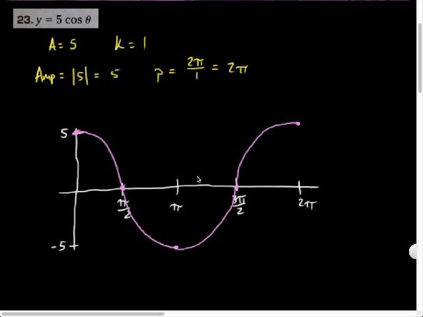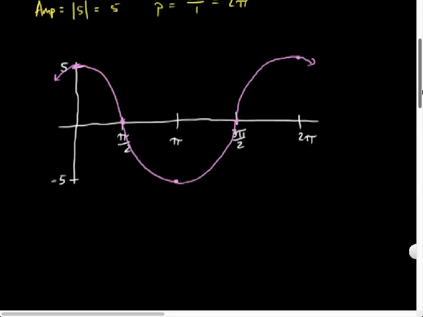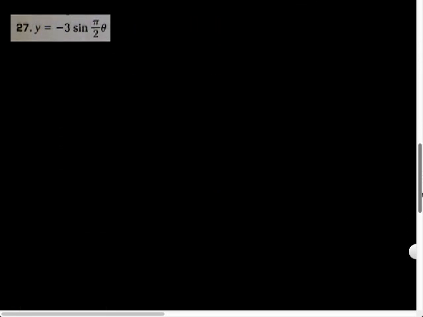So this is what the graph would look like for this equation, right? Something to that effect. Not too bad. So let's take a look at this next one, a little bit more complicated.